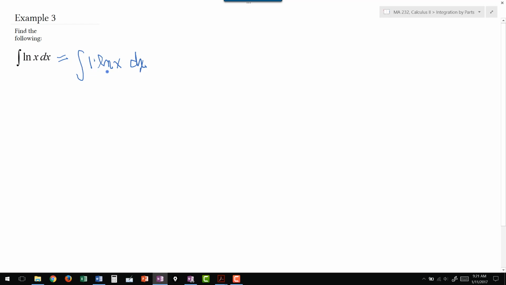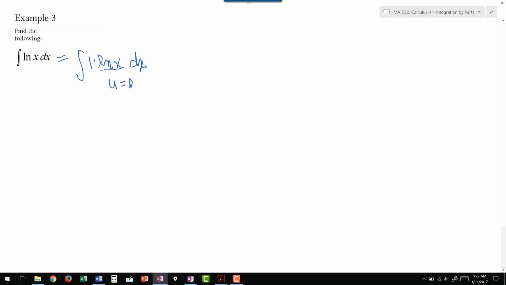But then that would leave v prime to be log x, and we would need to know the integral for that, and that's what we're trying to find. So u can't be 1, which means there's only one thing it can be, and that's going to be natural log x.